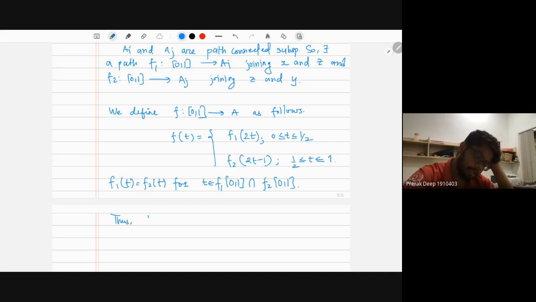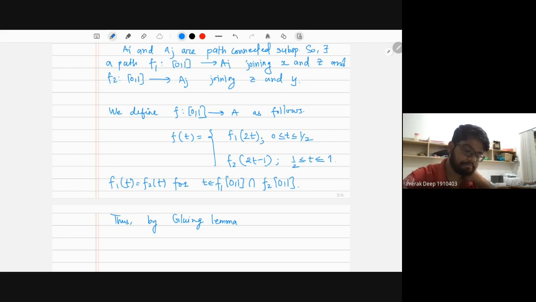Thus by the gluing lemma, which you must have seen in your lectures, we get a continuous map f, and then we have f joining x to y in A.